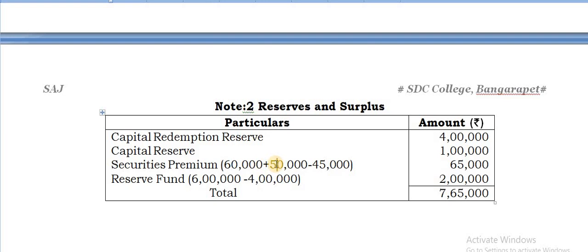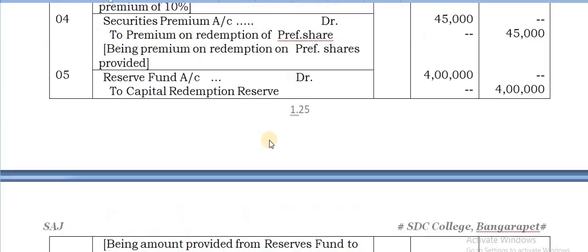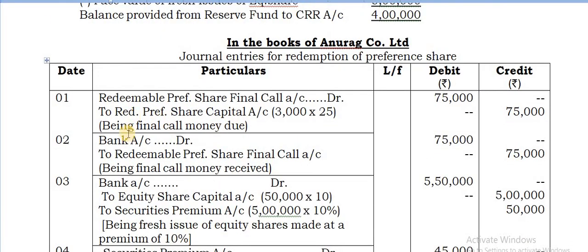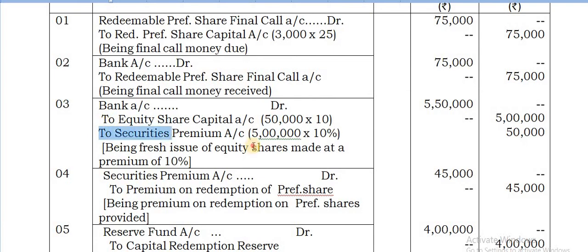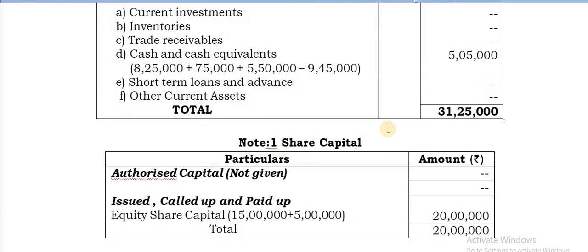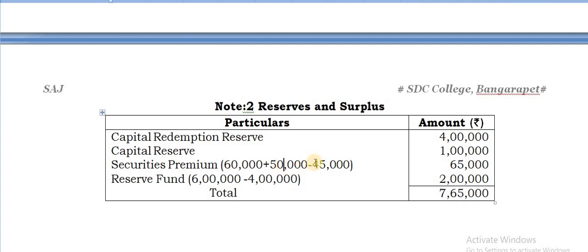So 60 plus 50 gives you 1,10,000. In that, minus 45,000. All liabilities, if credit, add; if debit, minus. That's all. 60,000 is there, and securities premium is credited here, so add it: 60 plus 50. On the other side, it is debited here, and the debited amount 45 you subtract. So that is how it is taken. 60,000 plus 50 minus 45, so 65,000 is the balance.